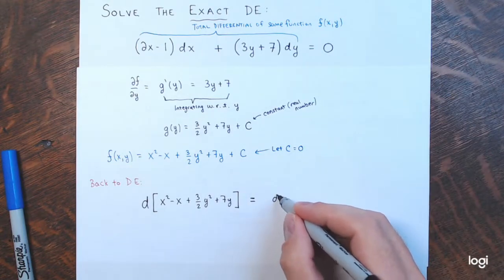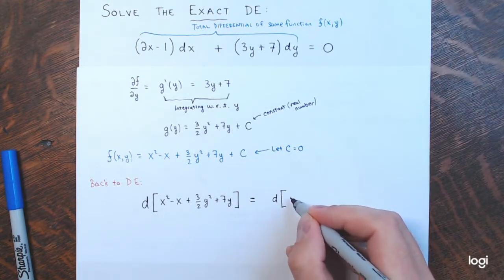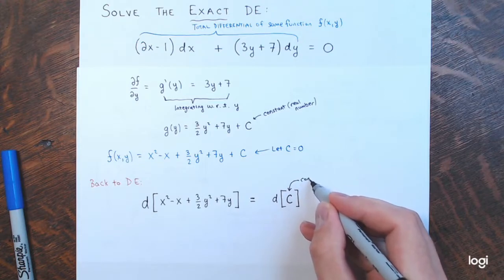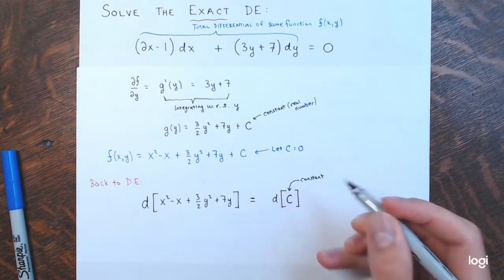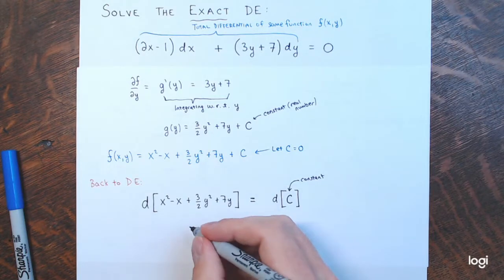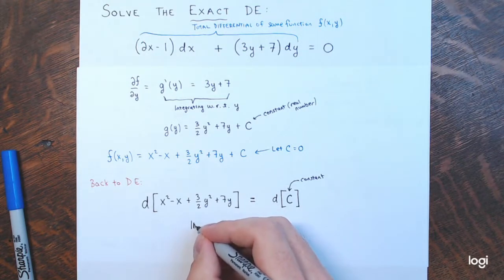is just the total differential of any constant. So I'll use c here again for constant. And now that I have both sides written as a differential, we then simply do the integration symbol.